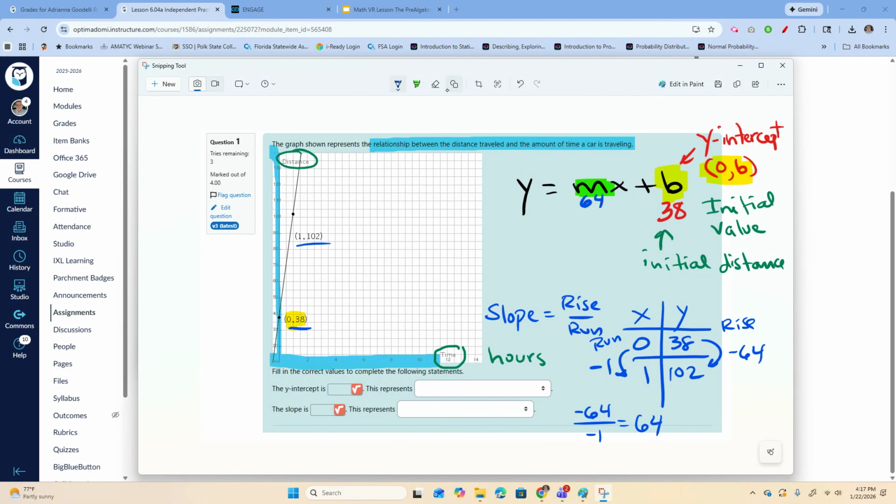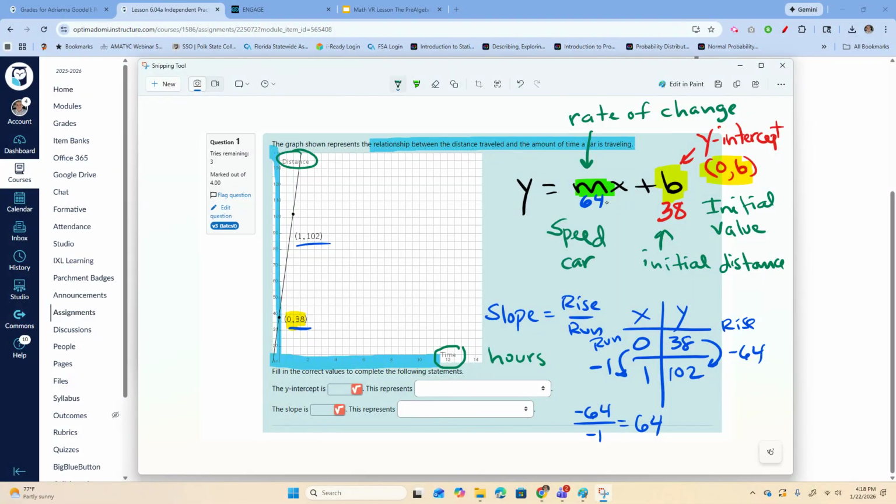Now, what does the m mean in real life? In real life, the slope, the m, is called the rate of change, which basically means, in this case, how much the distance is changing based on the time. Or in general terms, how much the y's are changing when the x's are changing. In layman's terms, when you're talking about distance and time, the slope is going to be the speed of the car.